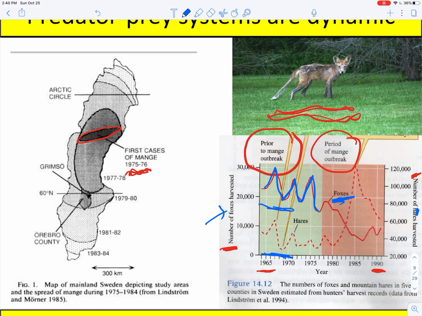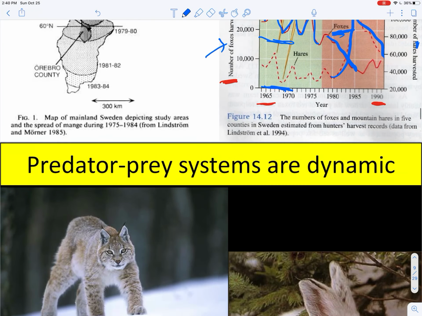But as foxes become infected with mange, we start to see this skyrocket of hares being released from this decline of predators over time. So the point here is that, one, predator-prey cycles are dynamic, but that they can also be heavily influenced by parasites and pathogens.